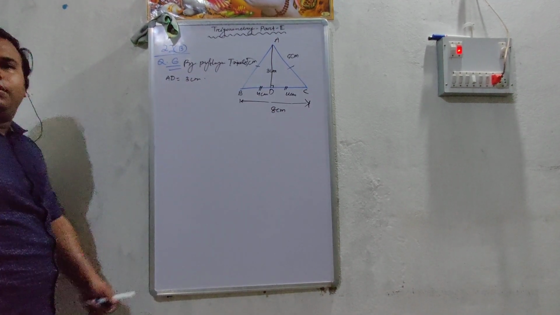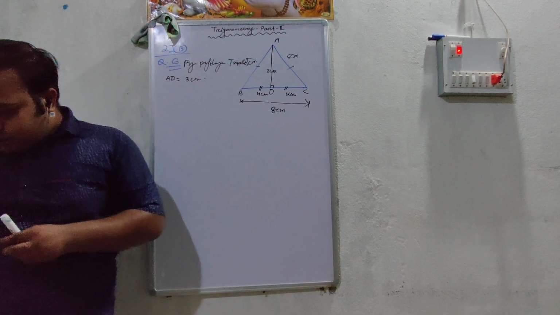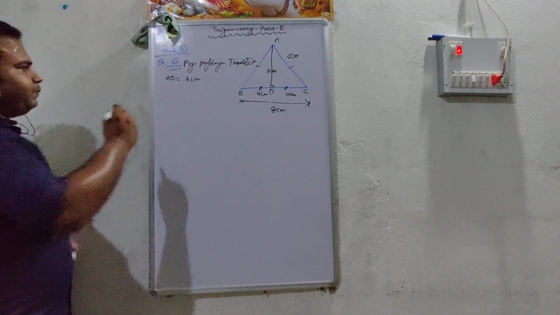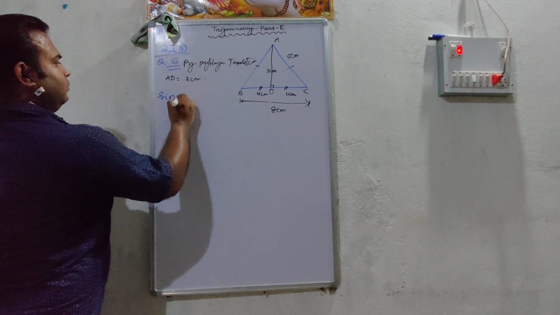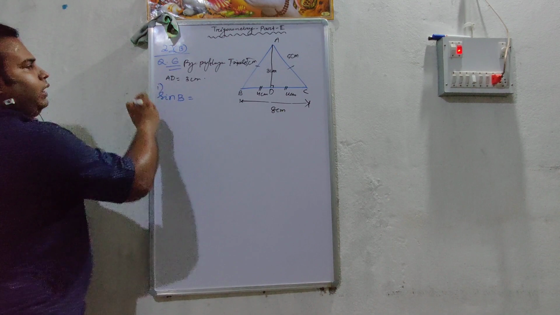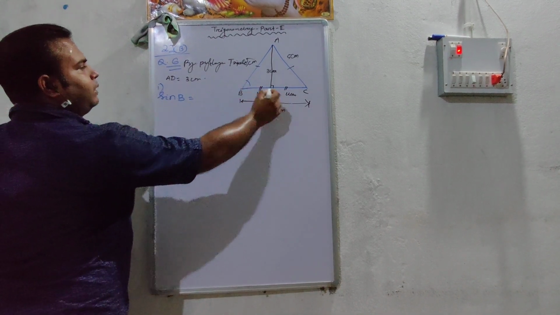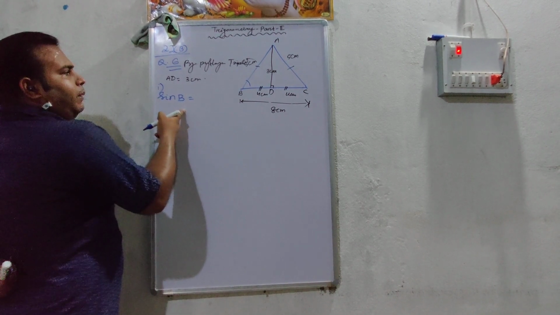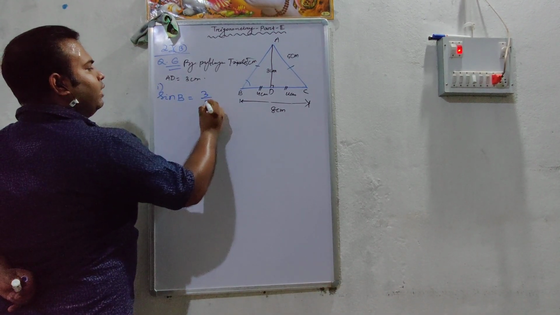Obviously, 3, 4, 5 is the Pythagorean triplet. What do you have to find? First, the value of sin B. For this angle, this is base, this is perpendicular. Sin theta is perpendicular by hypotenuse, so 3 by 5.